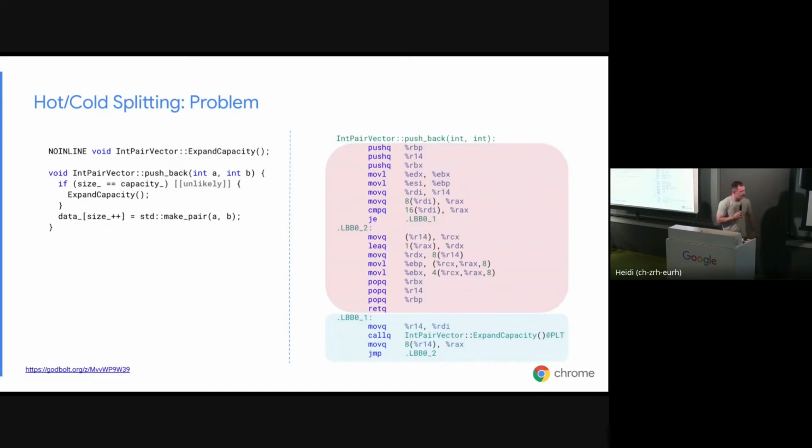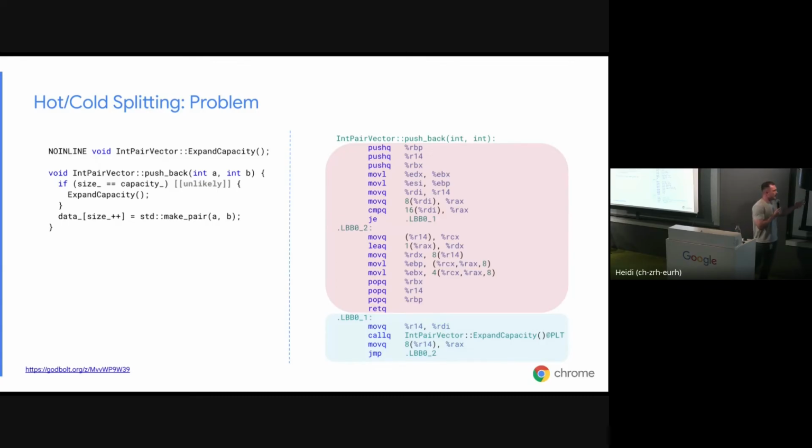So we looked at the generated code of, this is not real code, but just an example. This is basically vector expansion, and we have a vector of integer pairs, right?